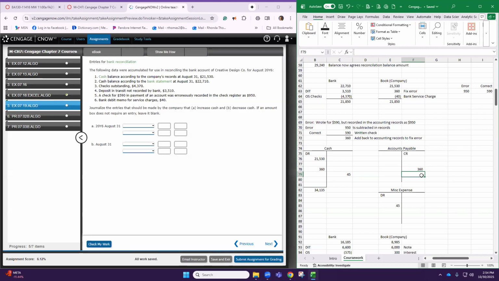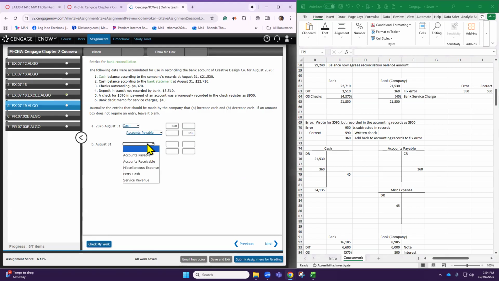So just like we're going to add cash back here, we're going to add this back to accounts payable because we didn't pay as much as we thought we did. So now we're going to make cash go up and accounts payable go up. Sometimes this is difficult. So we've got 360, because debits must equal credits in any journal.